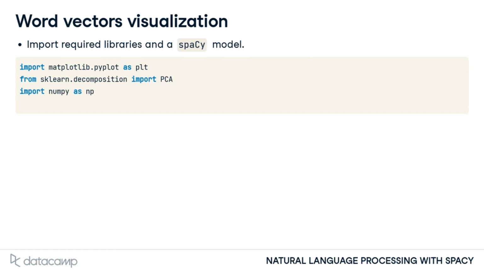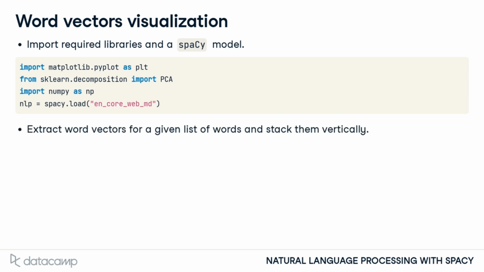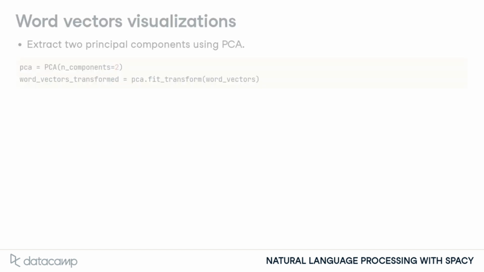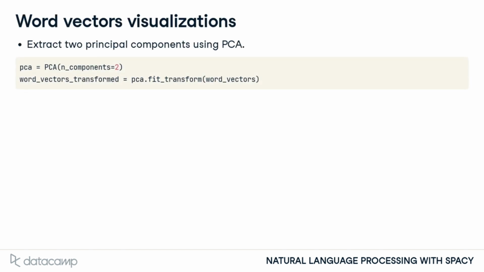First, we import the required libraries and load a spaCy model. Then we extract word vectors for a given list of words by using the nlp.vocab.strings and nlp.vocab.vectors methods. Later, we stack these vectors vertically using the numpy vstack method for PCA calculations. Since the word vectors are 300 dimensions, we need to project them into two-dimensional space.